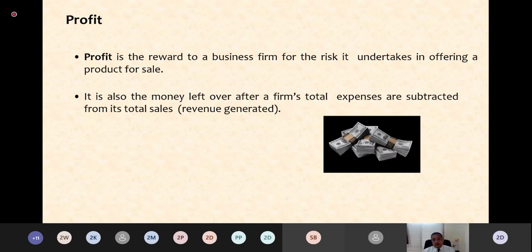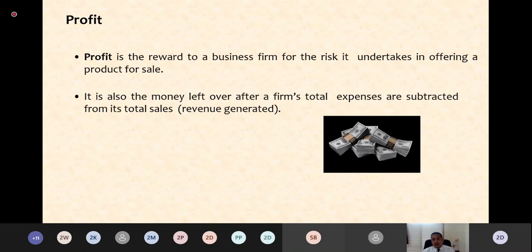So this profit, we all are aware, is the sales or revenue minus the cost. So the sales minus the cost, we can get the profit.